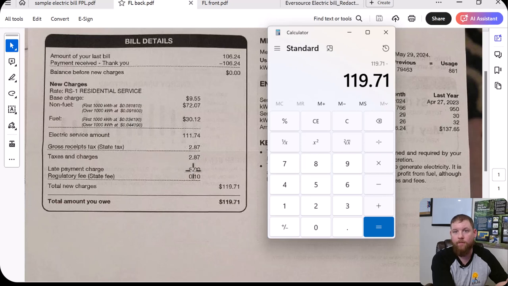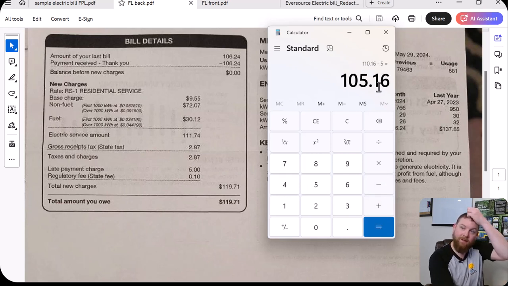Taxes are all up. Nope, there's a late payment charge here. So we take that $119.71 and subtract the $9.55, and subtract the $5 late fee. That brings our total to $105.16 for the usage portion of the math.